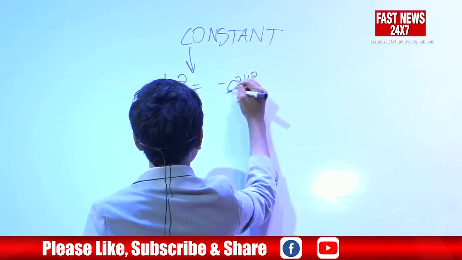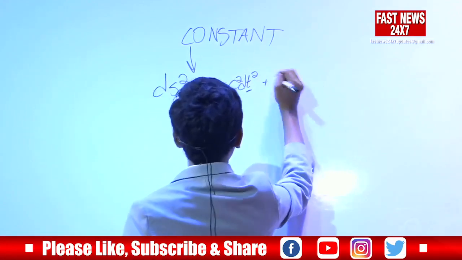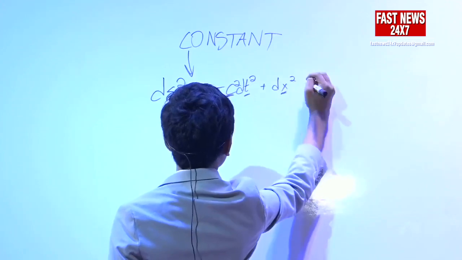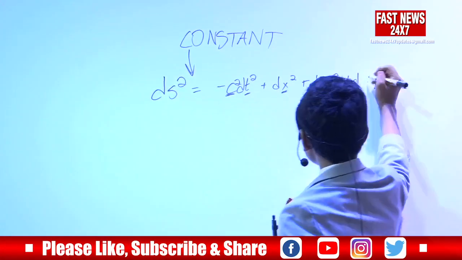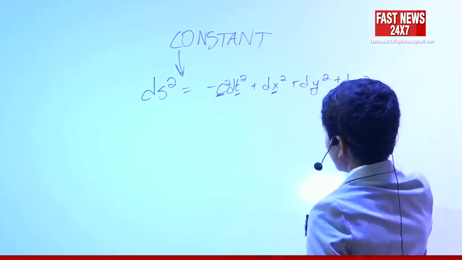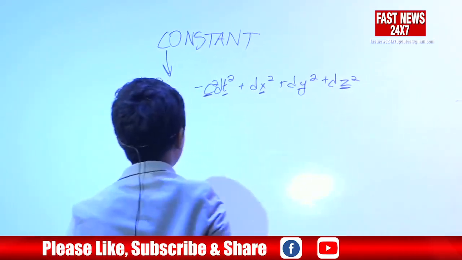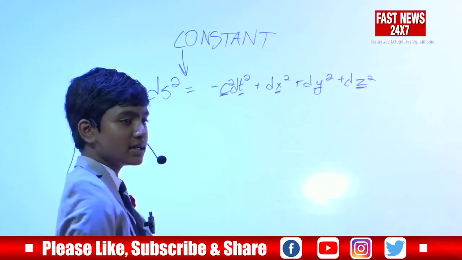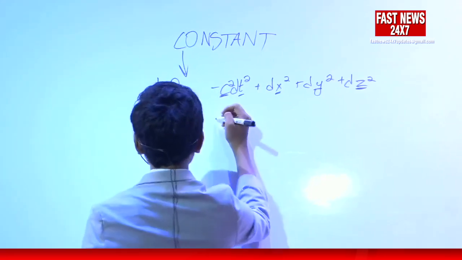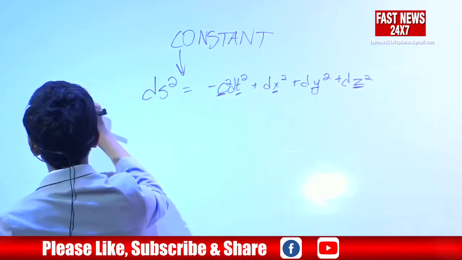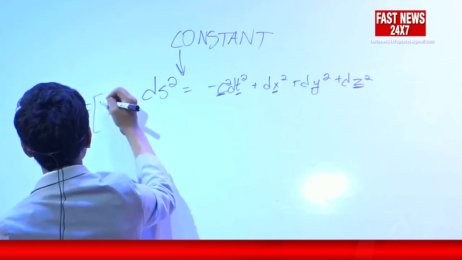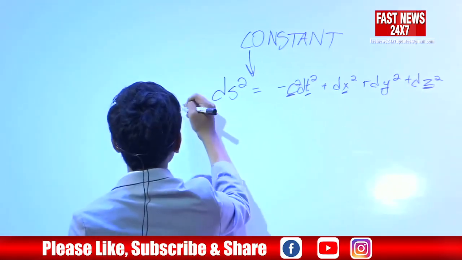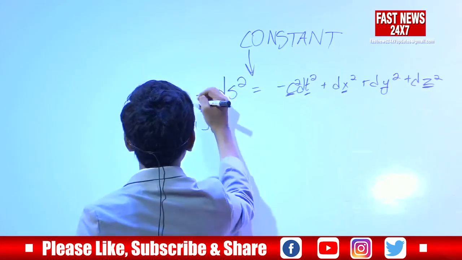And of course, c here means the speed of light, t is time, and x, y, and z are the three space coordinates. And of course, this is just a small variation from regular Euclidean space. So then, what we can do is use what we call the Minkowski metric, which looks like this, to encode this information in a better format.